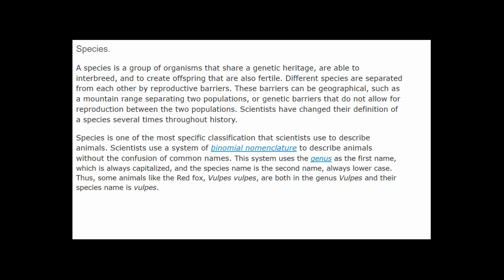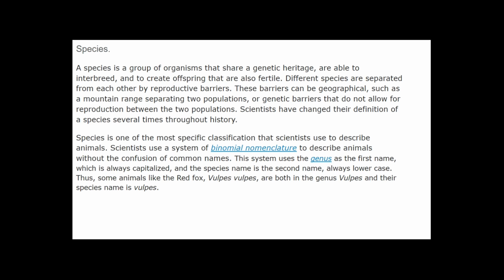Remember, India used to be part of the African continent, but separated from it. And therefore, the elephants on the Asian landmass eventually became a separate species from the African elephant. So it can be geographical, such as a mountain range, or, as I said, a water body.